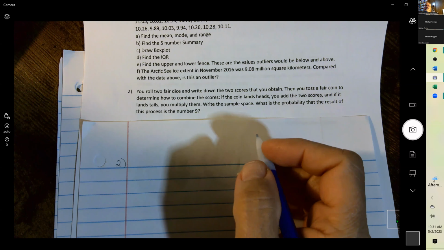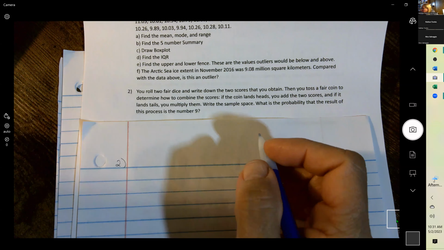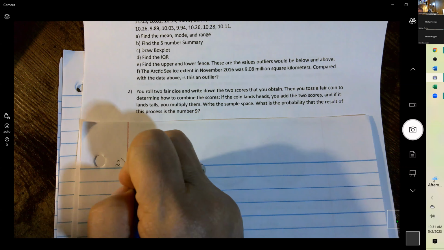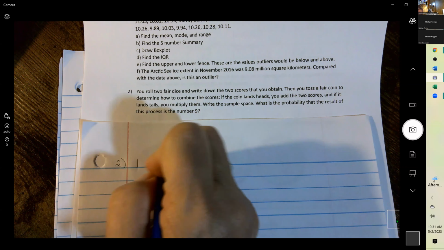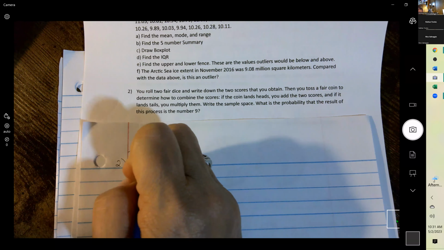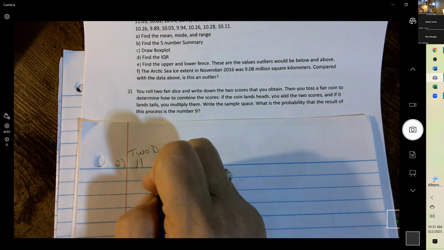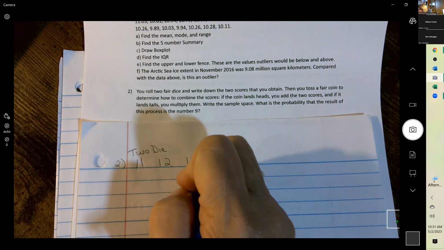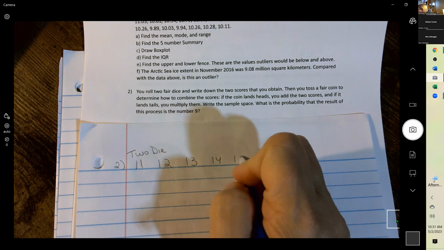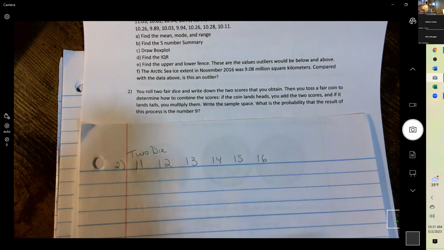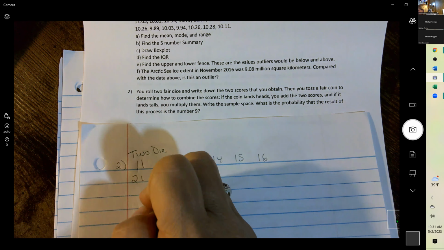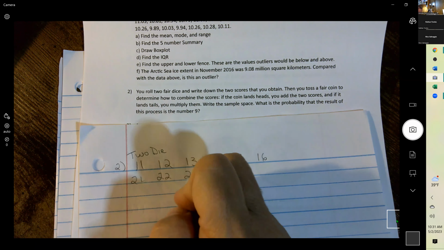Roll 2 fair die and write down 2 scores. I'm going to write them all first, just the 2 die. You can get a 1 and a 1, 1 and a 2, and then a 2 with each of them.